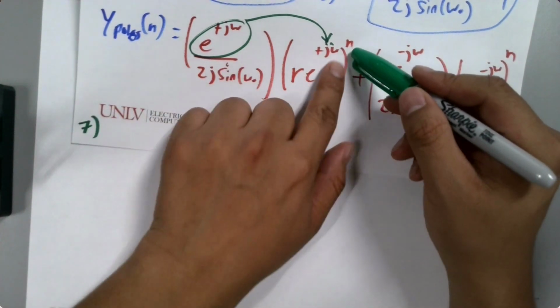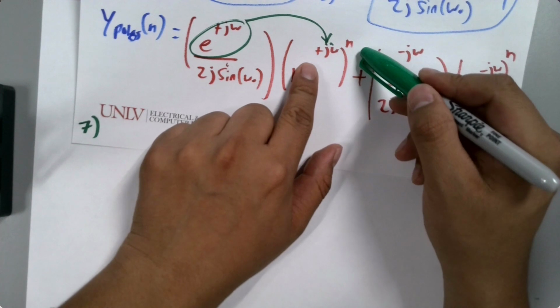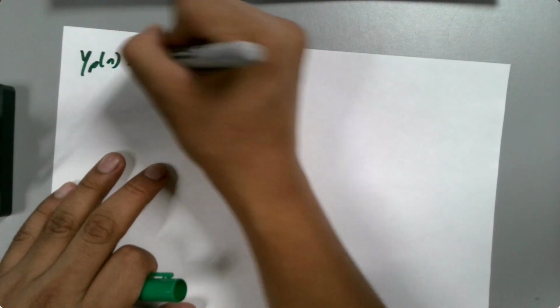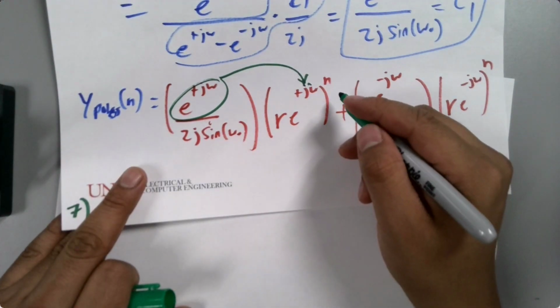And what's that going to give us? Here's an n, right? So it's going to give us n plus 1 j omega. All right? So doing that again, y p of n is equal to, you guys want me to pull up this r of n?